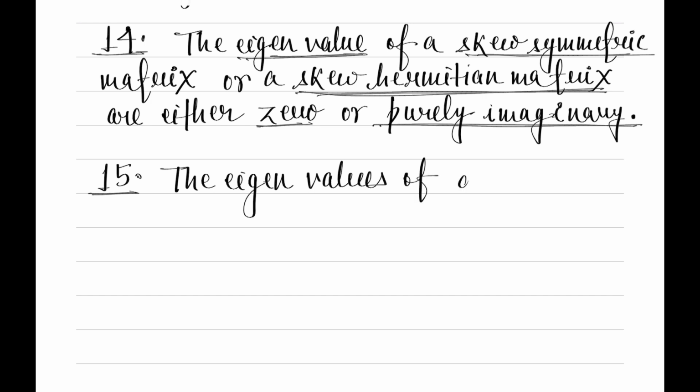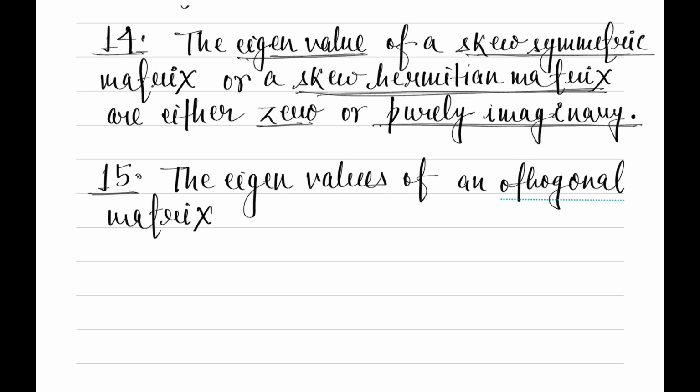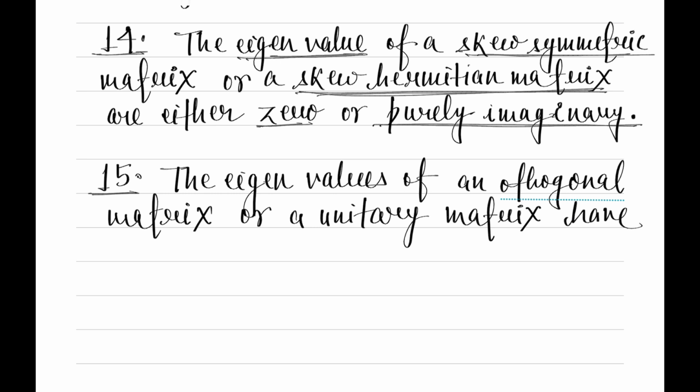Property number 15. The eigenvalues of an orthogonal matrix or a unitary matrix have absolute value 1.